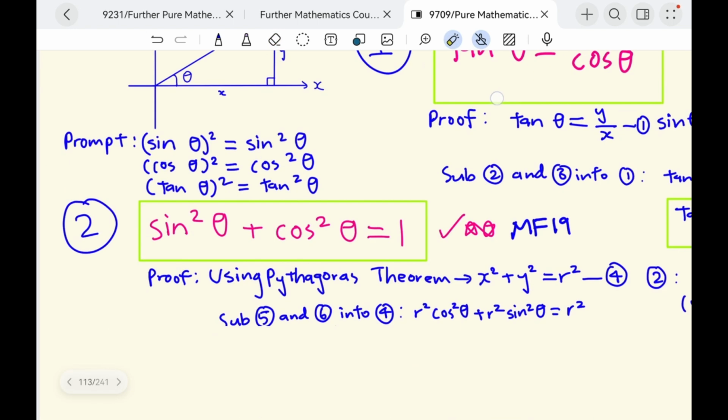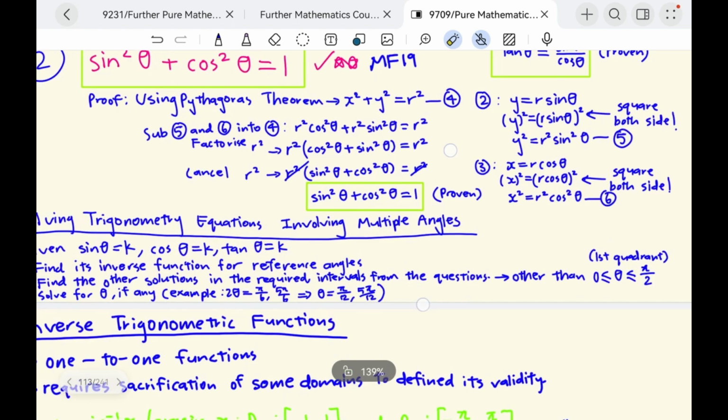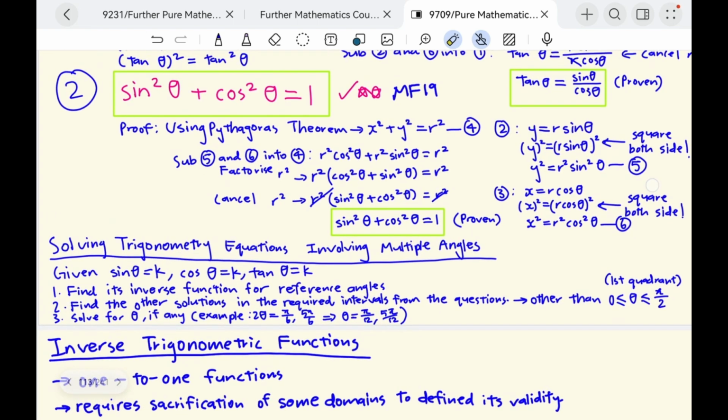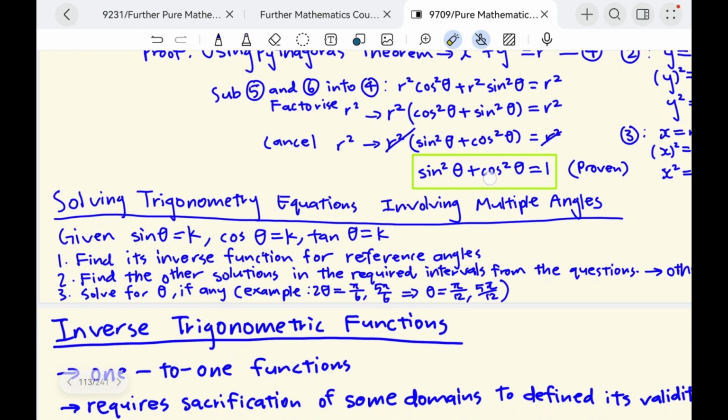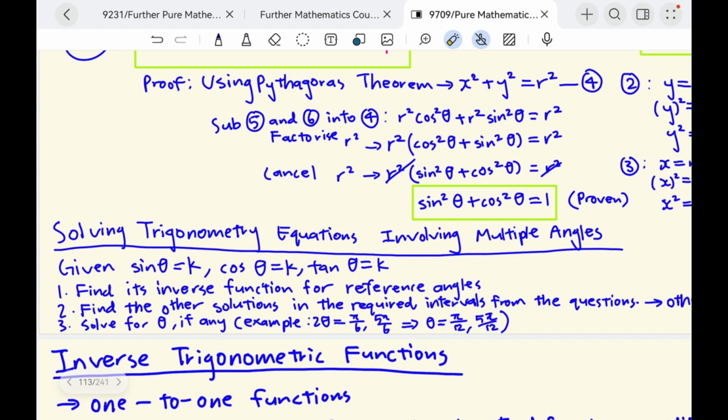Now, let's move on to the strategies of solving trigonometric equations involving multiple angles. Given that you should solve sine theta equals k, where k is a real number, find its inverse function.